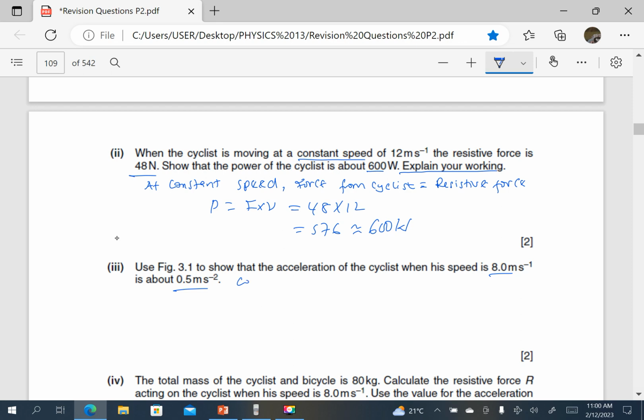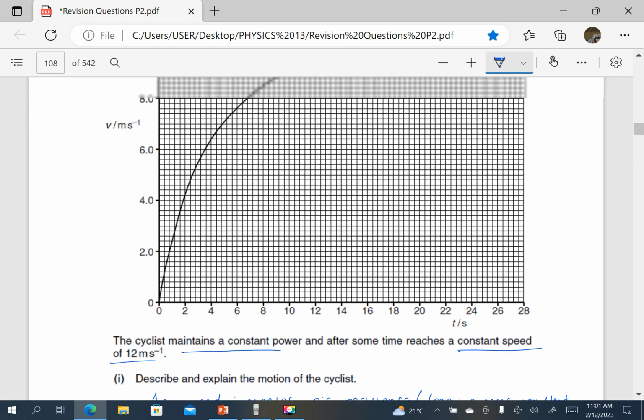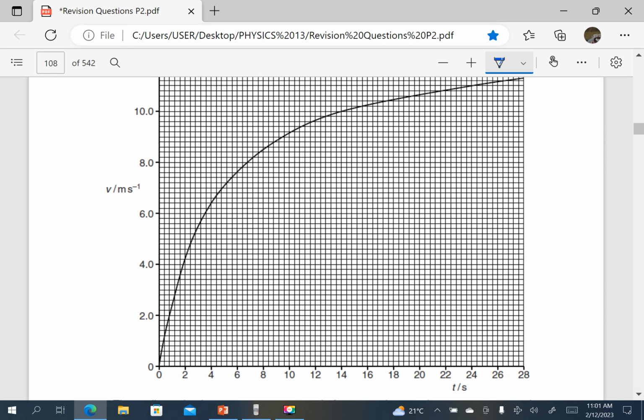Consider a tangent at 8.0 meters per second on the graph. I'm just writing this here for explanation. So let's go to the graph and draw the tangent at 8.0 meters per second. So 8.0 meters per second is here. This is the point. I have to draw a very neat tangent there.